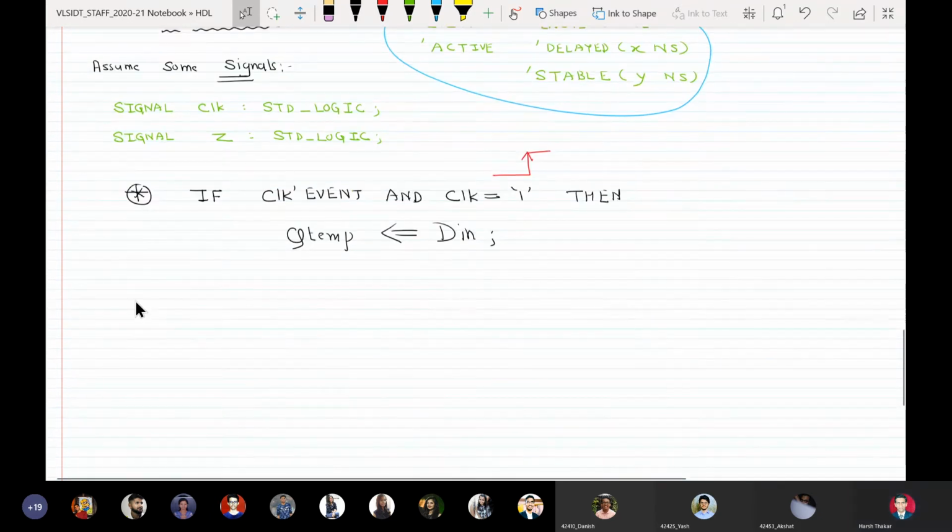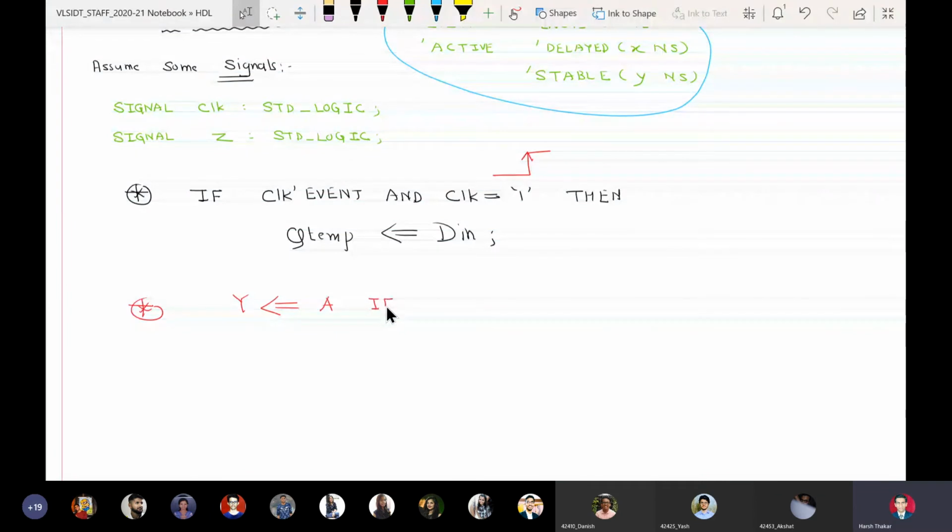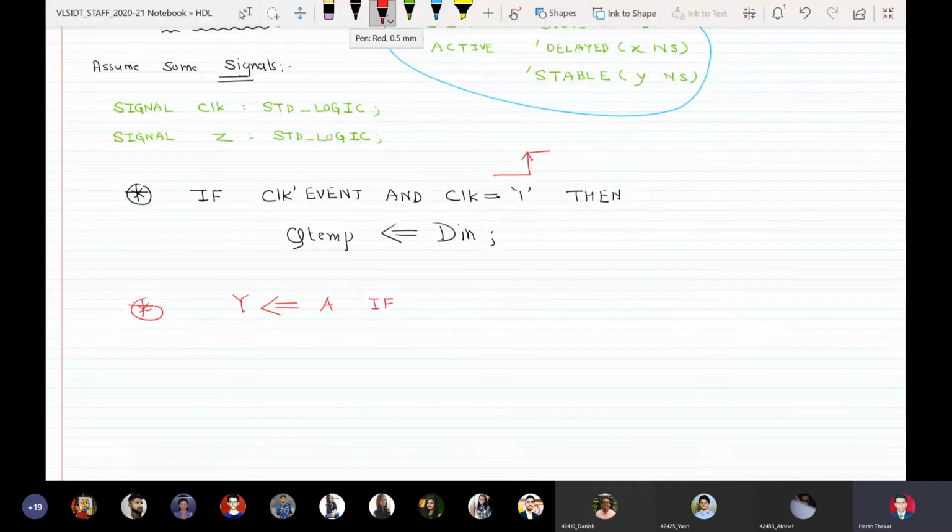now another example would be that assign y to a if z tick active.